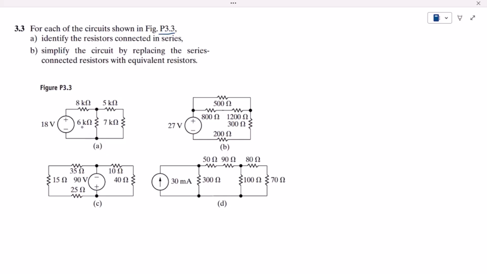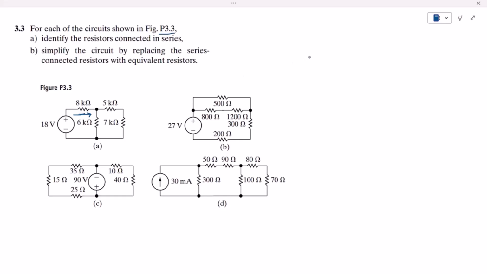So this is the figure 3.3a. Here we can see that we have this resistor, this one and this one, and in order to see what are the resistors connected in series, we look at the current flowing through this one, and which resistors have the same current flowing through them as well.